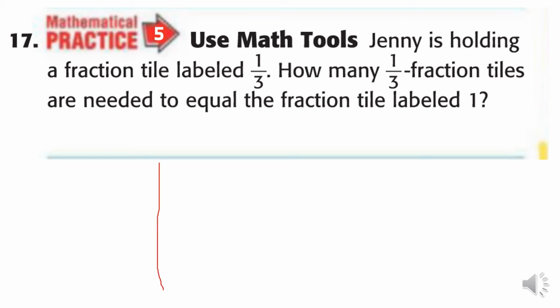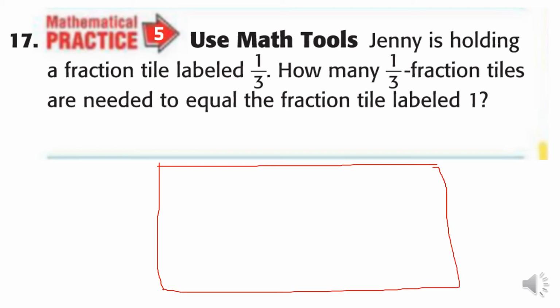So she has only one tile, right? And that tile is represented by this 1/3, right? So this unit fraction is telling you that the whole is divided into 3.